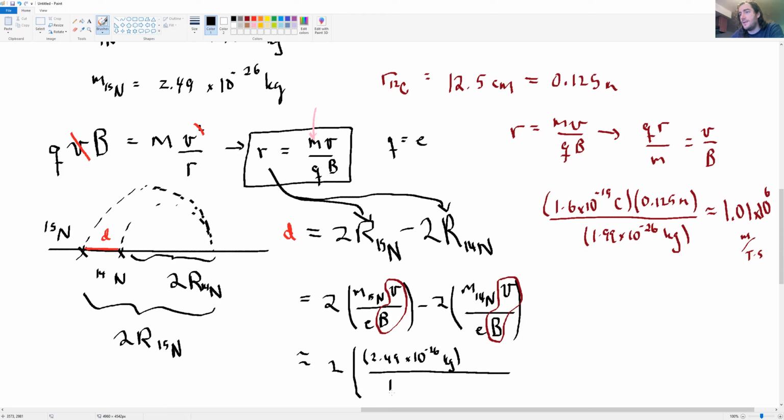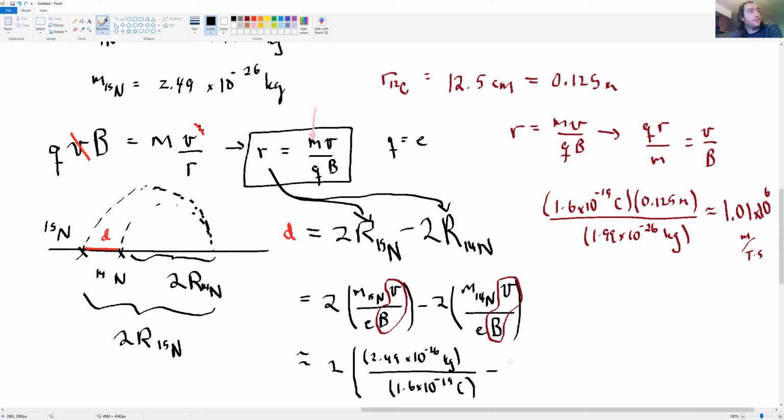Divide this by e, 1.6 times 10 to the minus 19 coulombs. And as a matter of fact, we can factor some of this stuff out. V over B is the same on both of these terms. We really just need the difference of the mass to charge ratio.